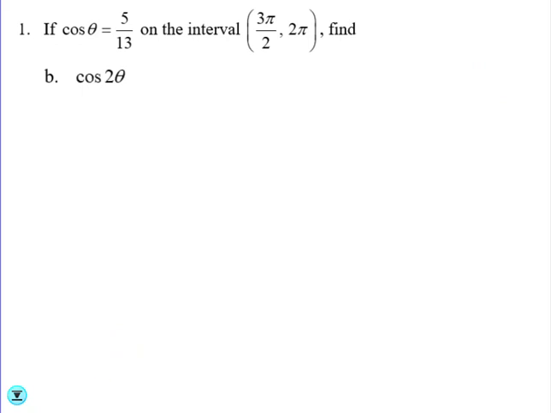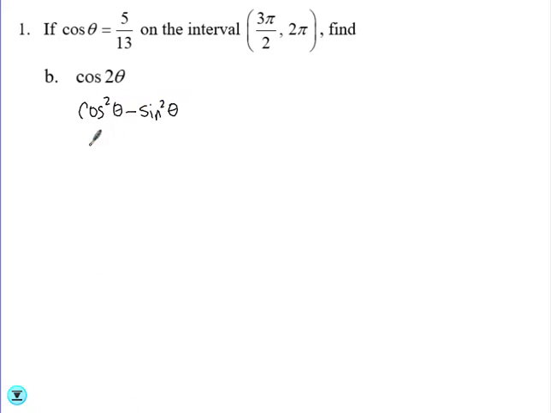In the same situation, we're going to find cosine of 2 theta. You can use any of the 3 identities for cosine of 2 theta. I'm just going to go ahead and use the first one, which was cosine squared of theta minus sine squared of theta.